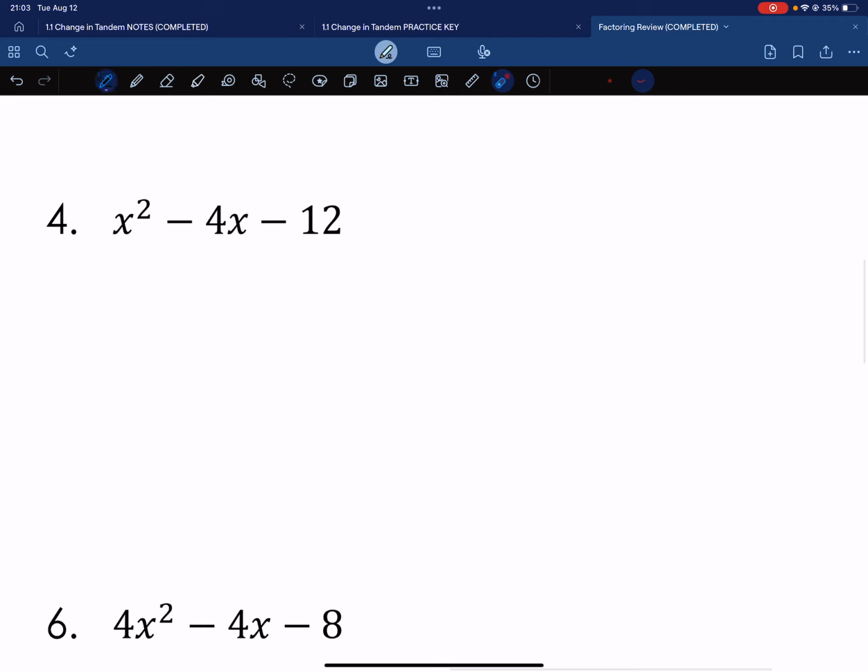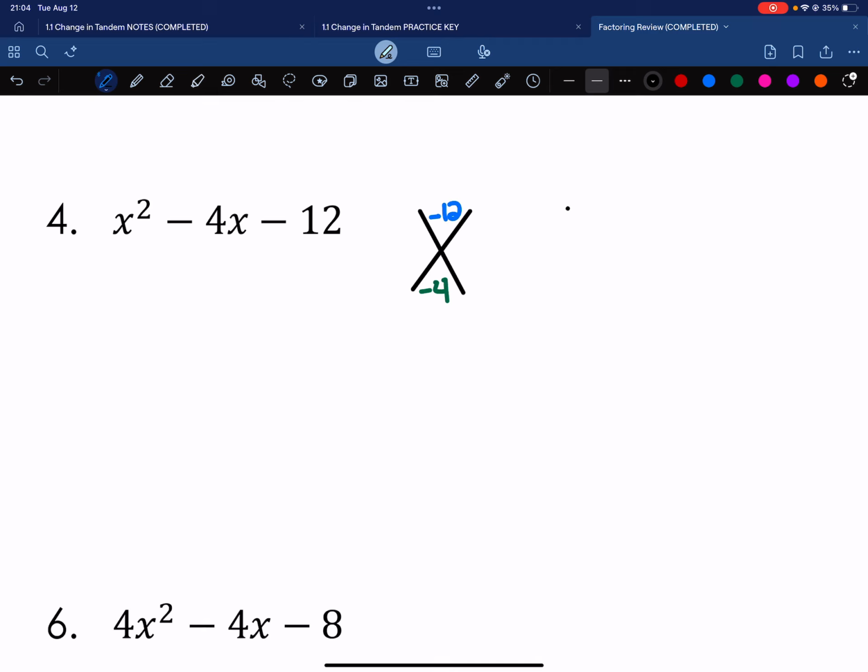So here we go. Again, we ask ourselves, is there a number in the A spot other than 1? The answer is no. So we can go straight to organizing our thinking, where the last number goes on top, the middle number goes on bottom. We want to multiply to get a -12, add to get a -4.